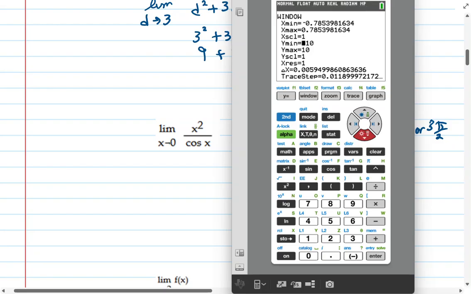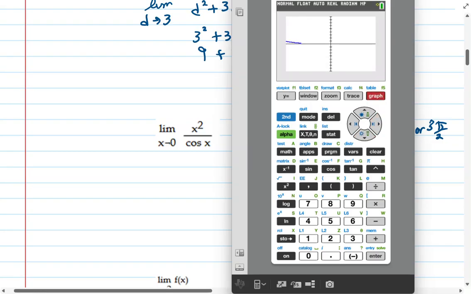And then we're going to say maybe a negative 5. Actually, I think I need a negative 9 and a positive 9. Let's see what that gives us. Yes, and we can see that we have it too high.